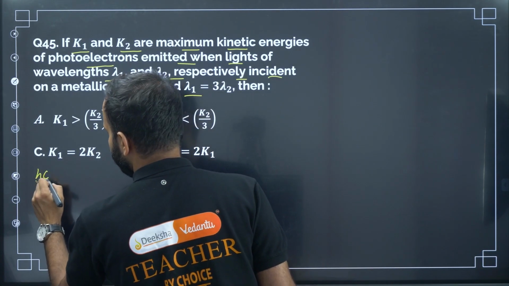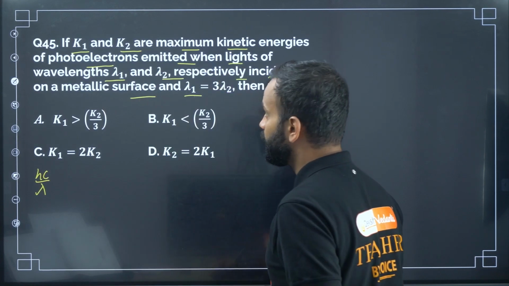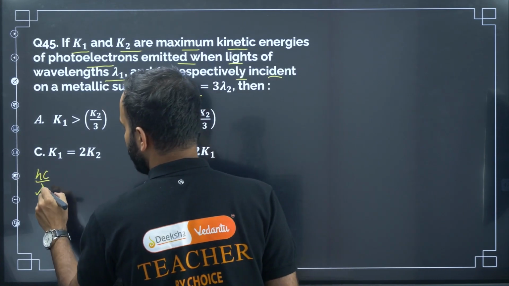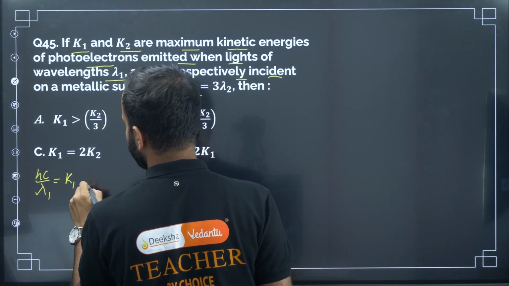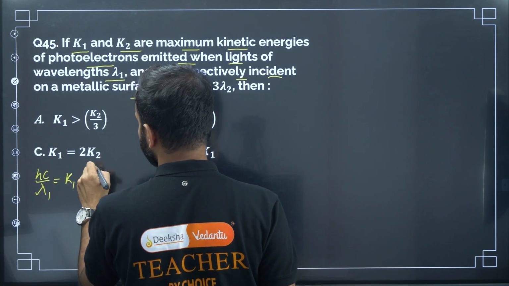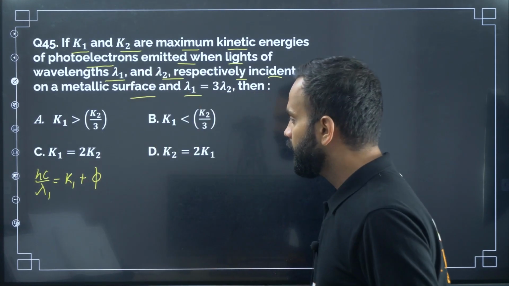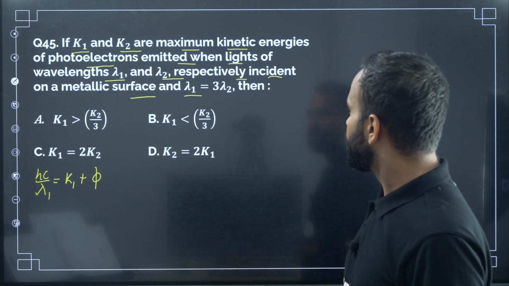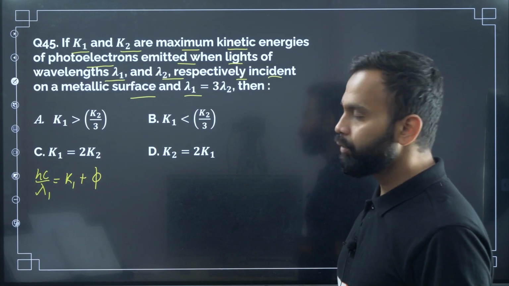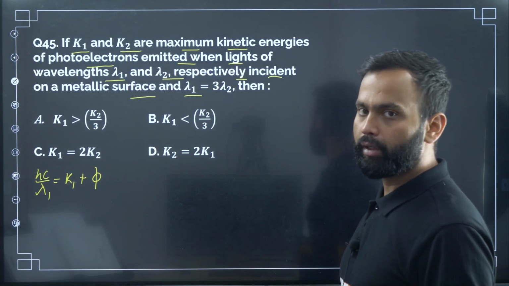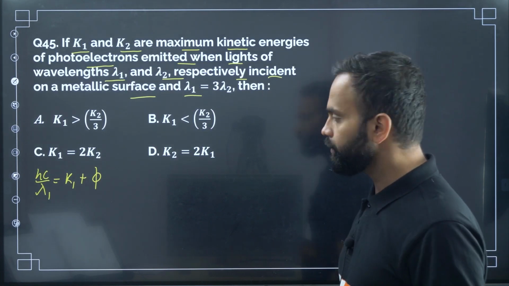Hc by lambda 1 is equal to K1 plus work function phi. So Hc by lambda 1 is the energy of the incident light, equal to K1, the kinetic energy of the ejected photoelectron, plus phi, the work function.